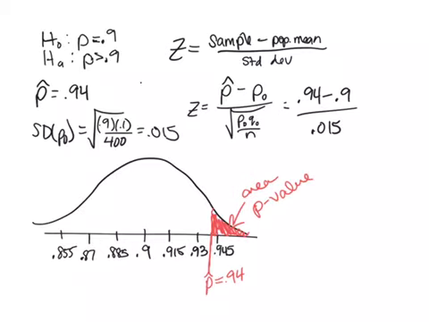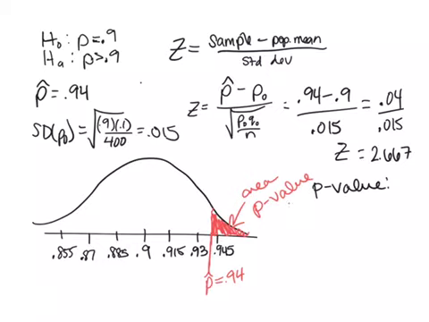So this is 0.04 divided by 0.015, which is 2.667. That is our test statistic, our z-score. And to get our p-value, we do something we've always done.